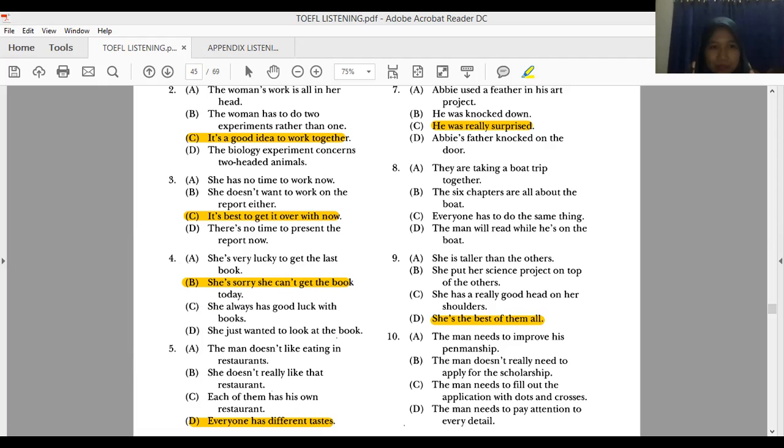It's the best to get it over with now. Jadi lupa juga. Sorry. Really don't want to work on the report now. There's no time like the present. Nggak ada waktu kecuali sekarang. There is no time like the present. Nggak ada yang lebih baik daripada saat ini.